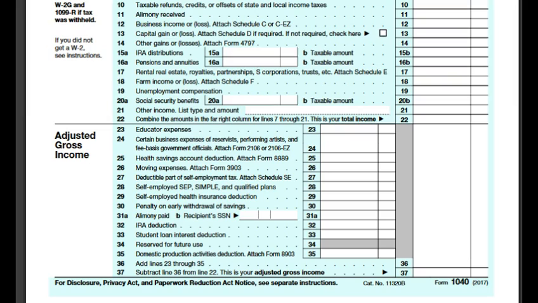If we think back to that tax formula, income minus adjustments brings us to that very important number called AGI, adjusted gross income. Now we're going to cover all the different types of adjustments within scope that you might see.